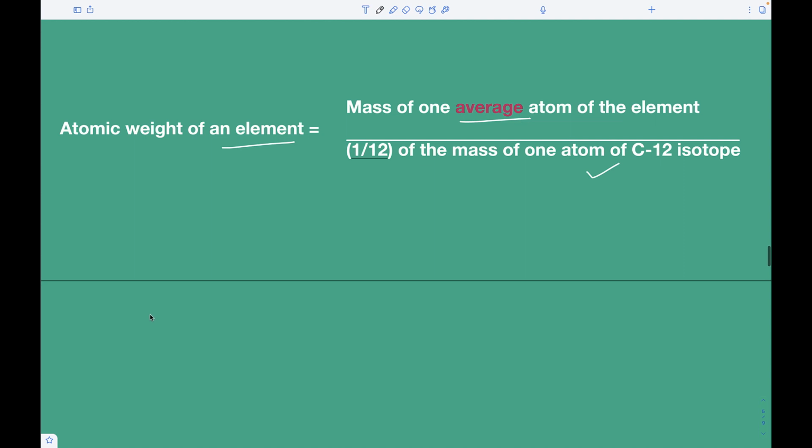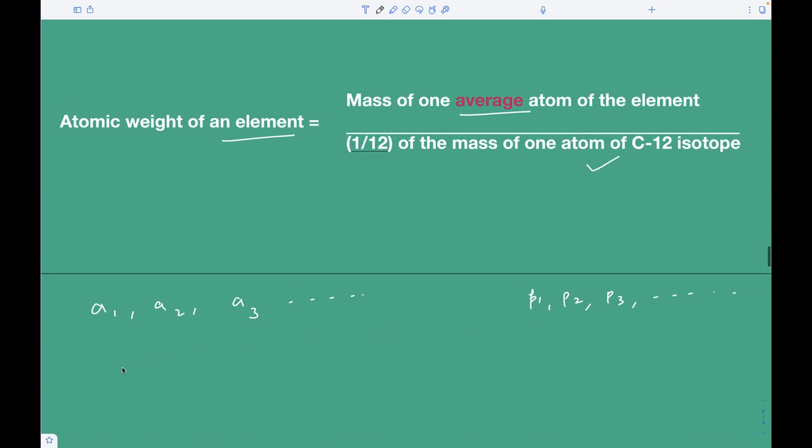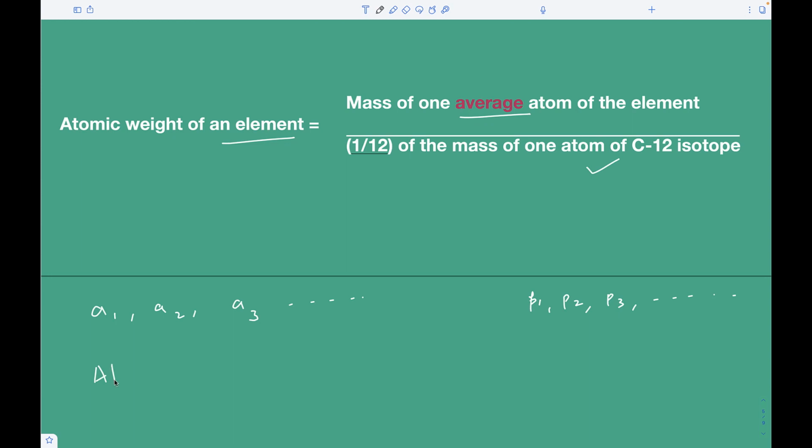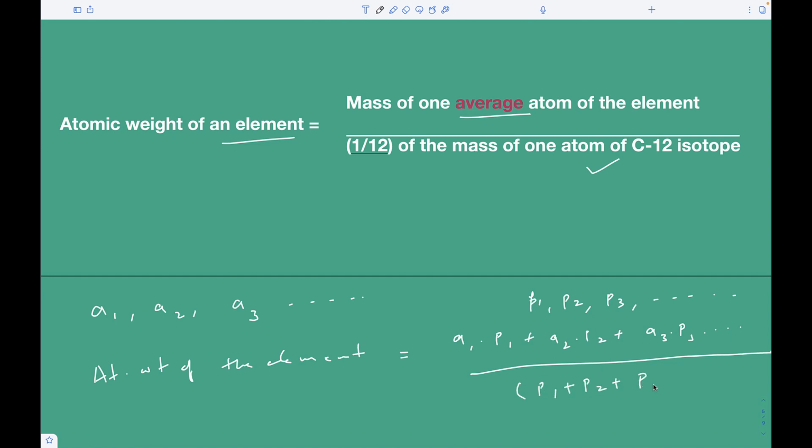And in general, if A1, A2, A3, etc. are the isotopic weights of different isotopes of an element, and P1, P2, P3, etc. are their percentage abundances respectively, then the formula for the atomic weight of the element will be A1 times P1 plus A2 times P2 plus A3 times P3 and so on, over P1 plus P2 plus P3 and so on.